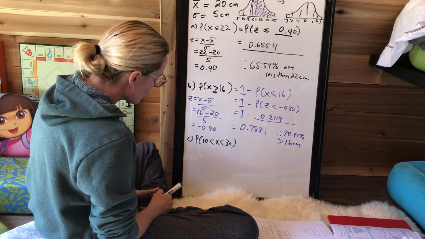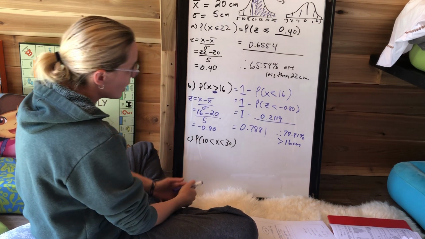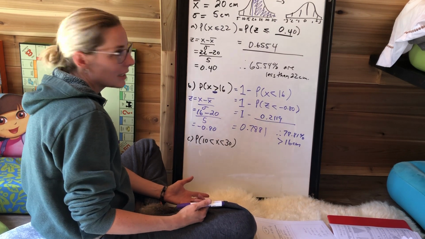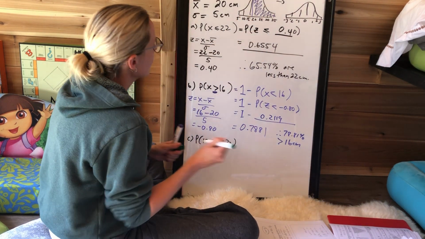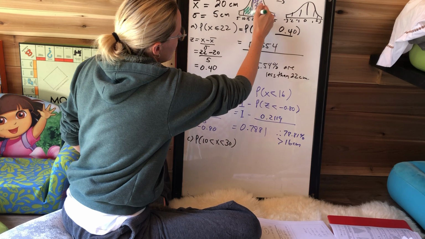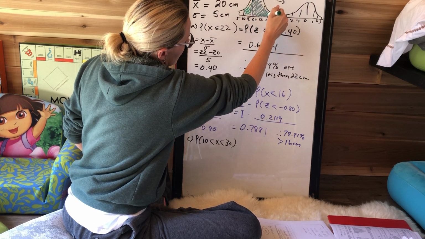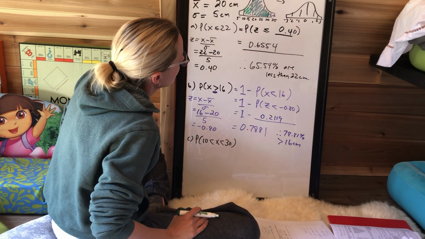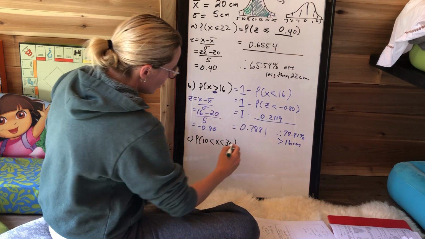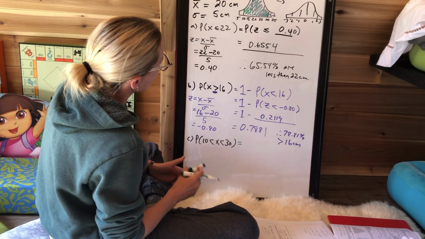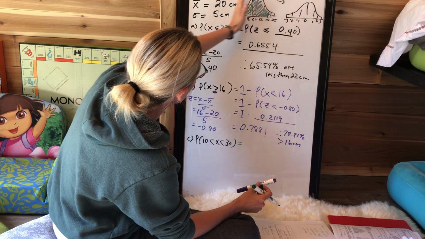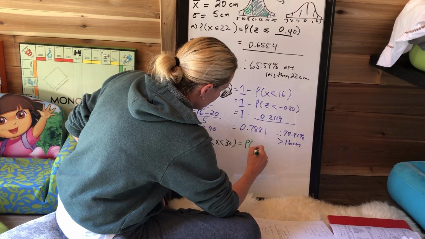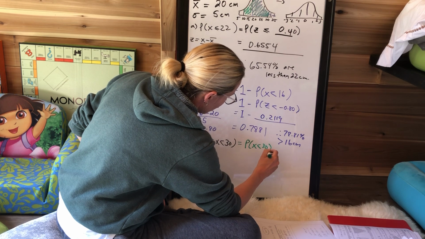Okay, the last section wants us to know what percentage are in between. How many are in between 10 and 30? We're looking at this whole section here. The trick with this one, to go in between two values, is you want to find the percentage that is less than your larger number, so the probability that it's less than 30.